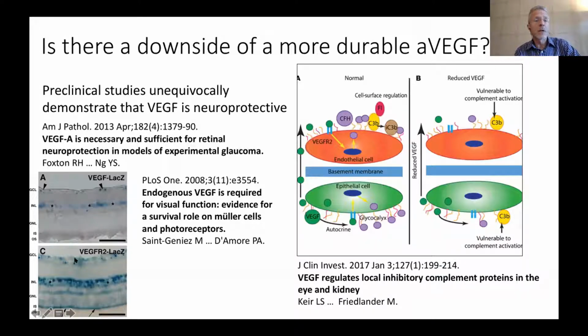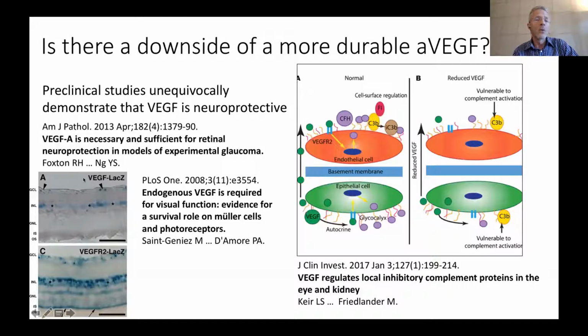These are sections from mice that were genetically modified so that LacZ, which is a reporter enzyme that turns tissue blue, was driven by the VEGF promoter. So in these mice, wherever VEGF is expressed, you can turn the tissue blue when you make a section and stain it with the appropriate reagents.